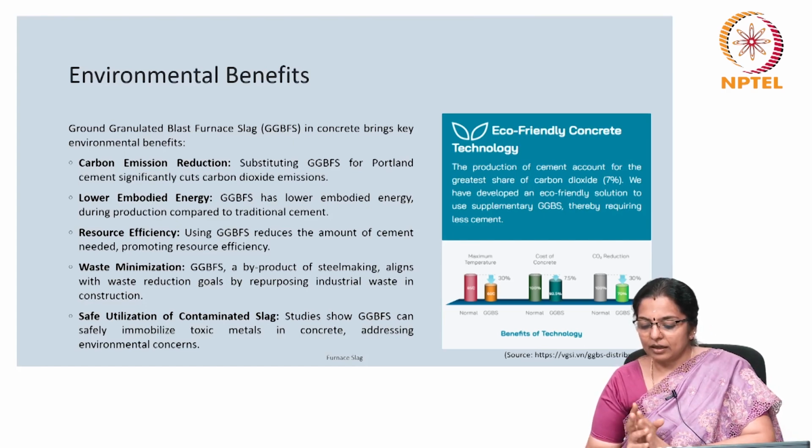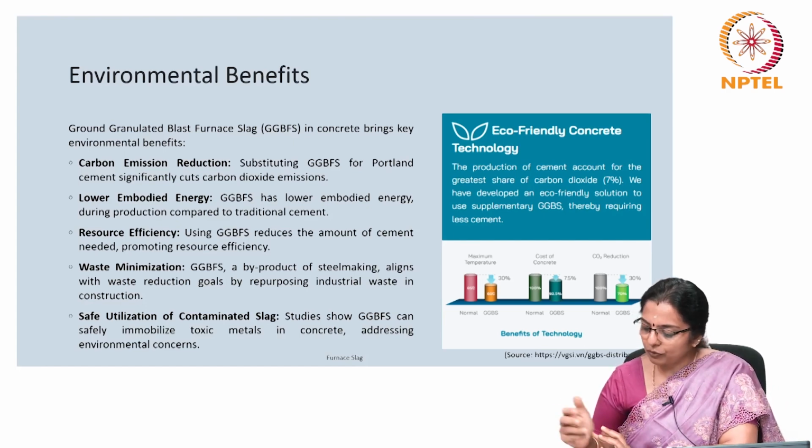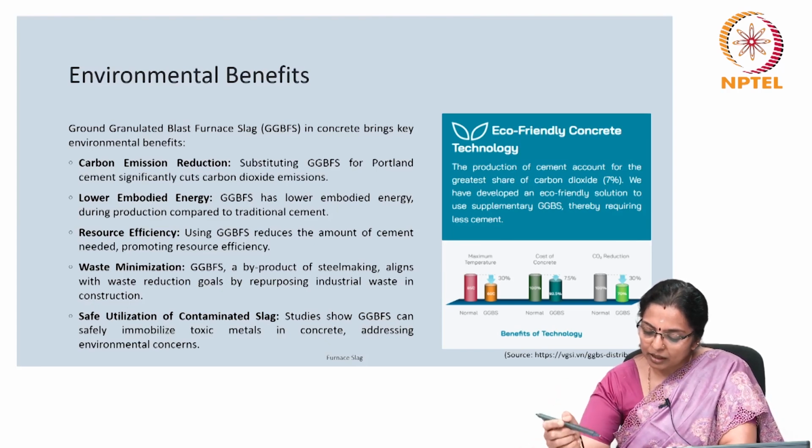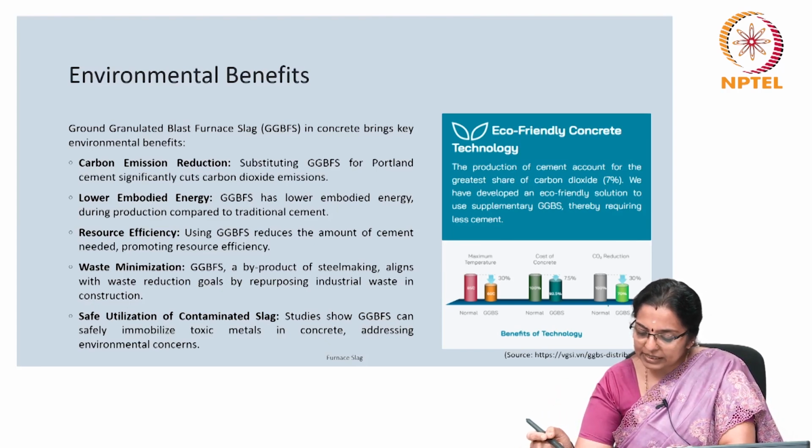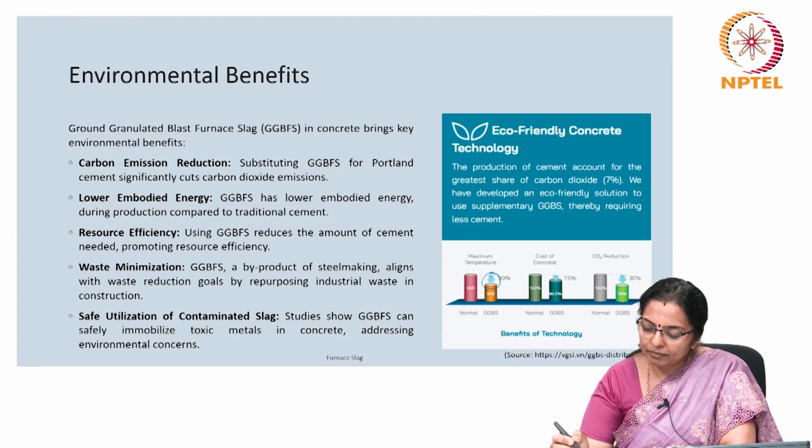Now, if we look at the benefits of using ground granulated blast furnace slag, we can see that as compared to normal concrete, there is a 30% decrease in temperature that is required.